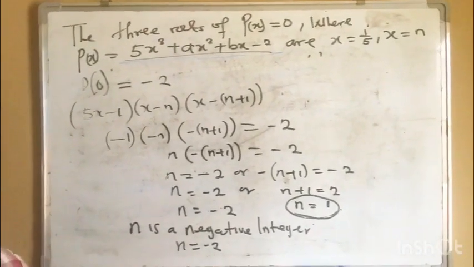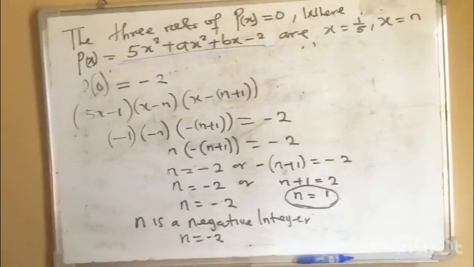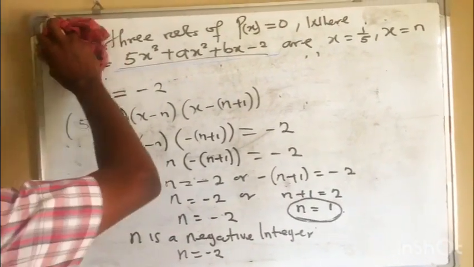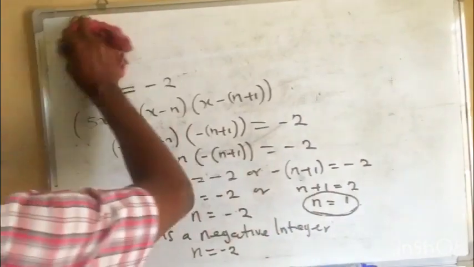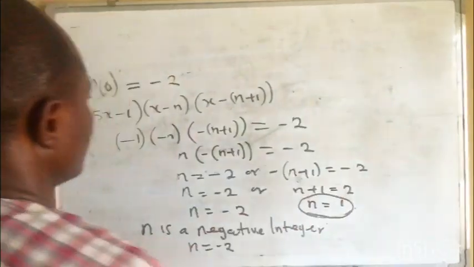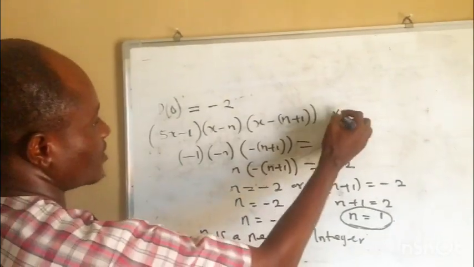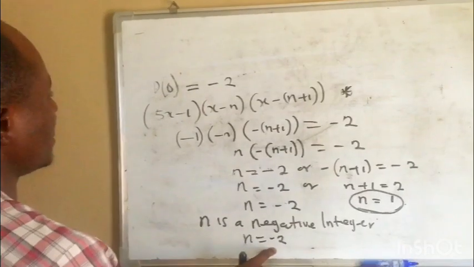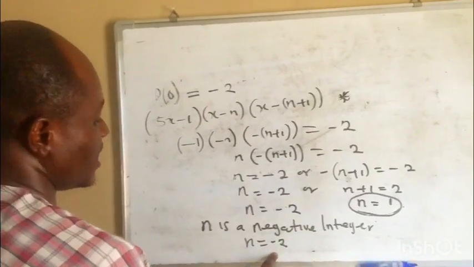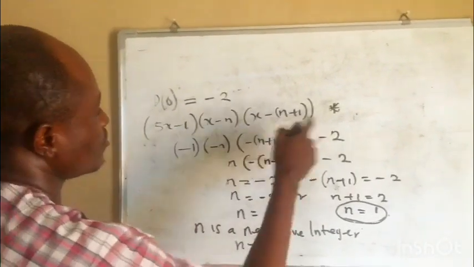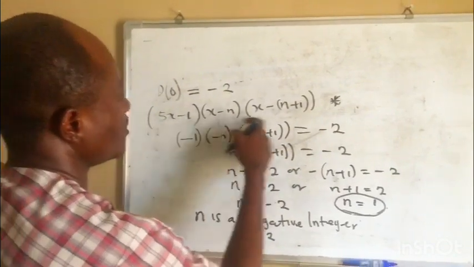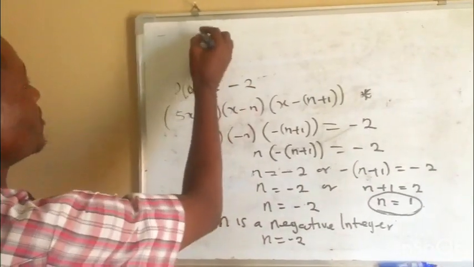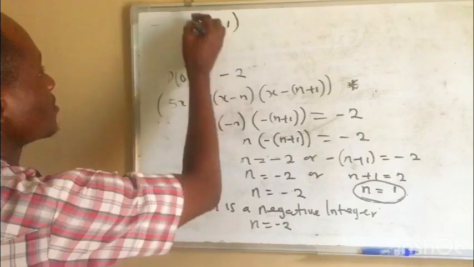Now if our n equals minus 2, it will be easier for us to form the quadratic equation using the roots, since we now know the value for n. Since n equals minus 2, the polynomial I formed through the roots of the equation given will be 5x minus 1.